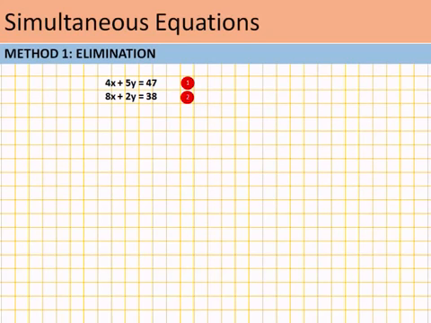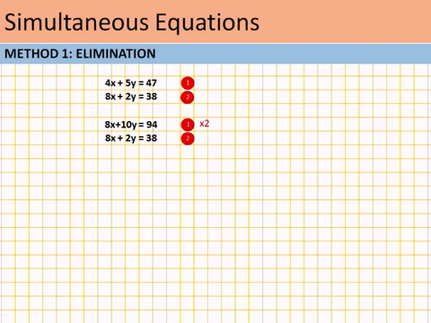First of all, with algebra. So you've got the two equations: 4x plus 5y equals 47, that's equation 1, and 8x plus 2y equals 38, that's equation 2. Now if I double everything in equation 1, then instead of 4x plus 5y equals 47, I've got 8x plus 10y equals 94.